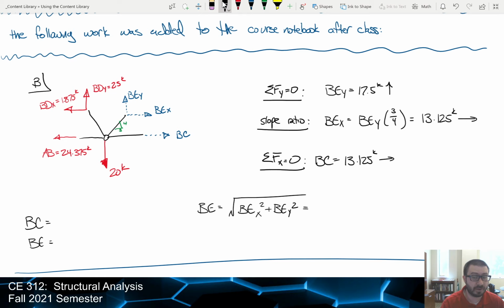Okay, the only thing left we need to do to finish this joint is use the Pythagorean theorem on member BE. So BEX squared plus BEY squared, and then take the root of that. When you plug and chug that, you get 21.875 kips. So both of these members are in tension: this is 13.125 kips in tension and 21.875 in tension.